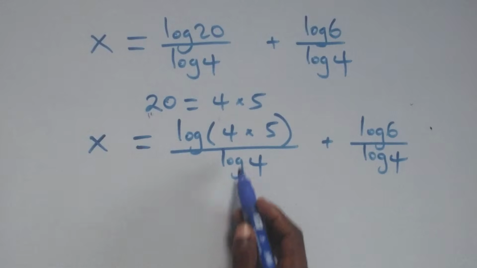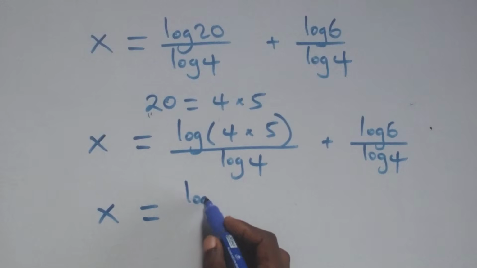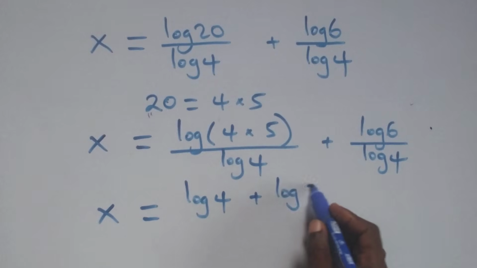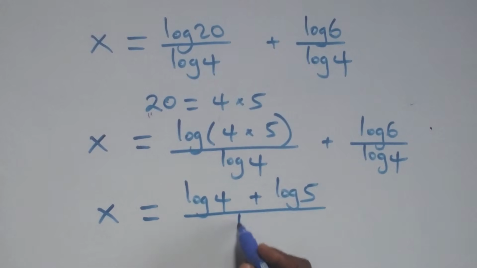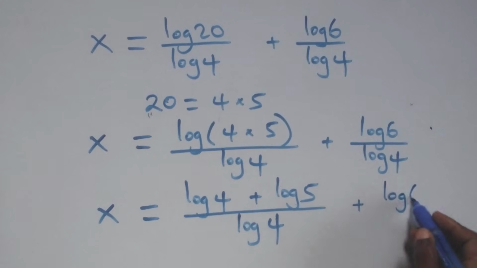Then this also follows the law of logarithm, and we have x equals log 4 plus log 5 over log 4 plus log 6 over log 4.